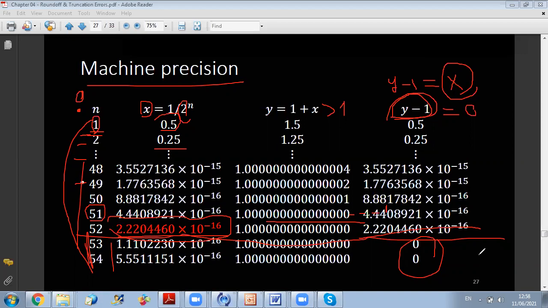Just pay attention that what is important for me is the order of magnitude, the difference in order of magnitude. When I say 52 digits, this doesn't mean I can only have 0 point, 52 digits after the point. I can have more, because my computer can put times 10 to the power of any number.